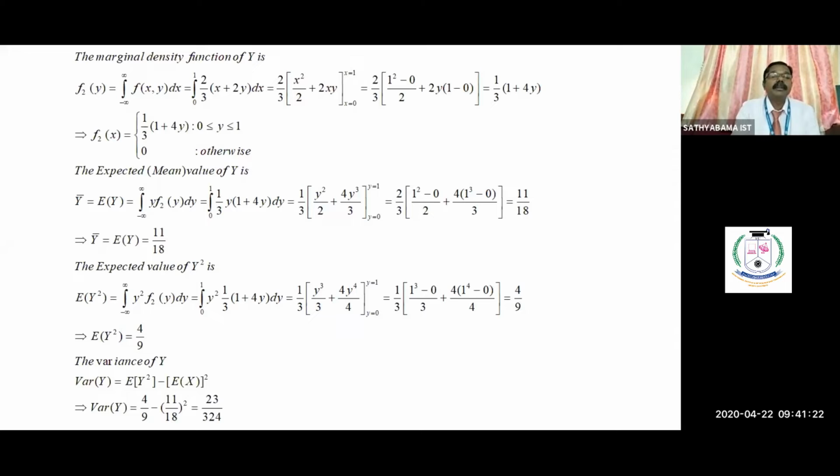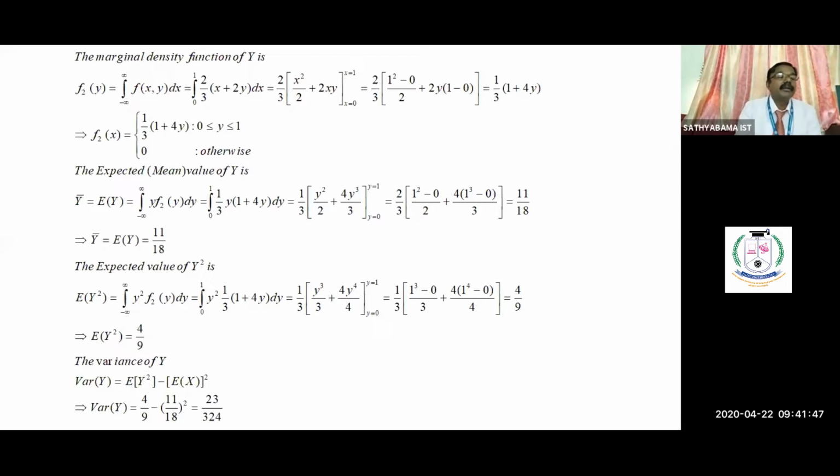We are substituting the limit for x, so 2y is constant. So we are substituting the limit for x, that is 1 minus 0, equal to 1 by 3, 1 plus 4y. f2 of y equals 1 by 3, 1 plus 4y.